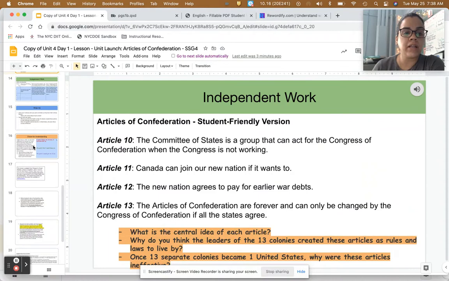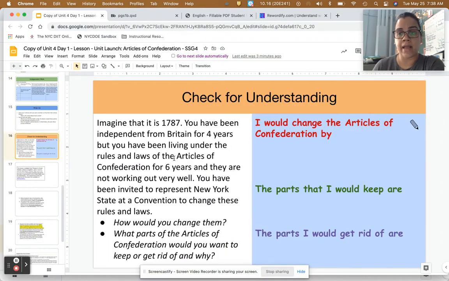And then finally, in our check for understanding, I want you guys to form an opinion, right? It says, imagine that it is 1787. You have been independent from Britain for 4 years, but you have been living under the rules and laws of the Articles of Confederation for 6 years, and they are not working out very well.